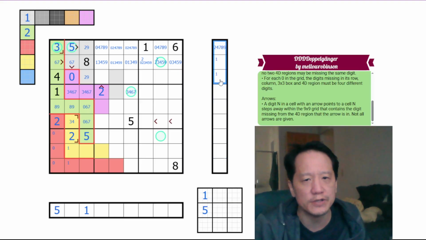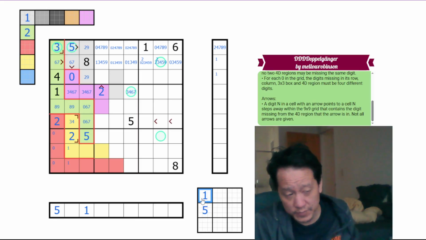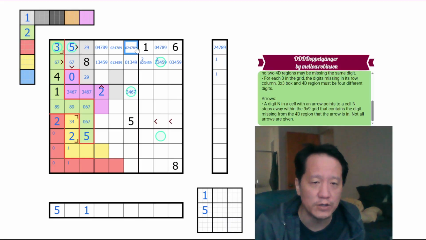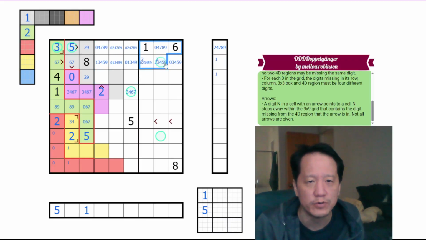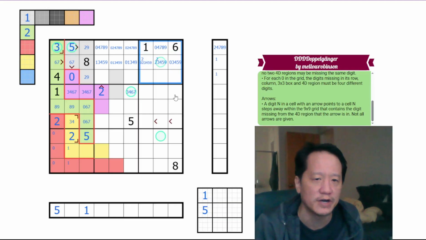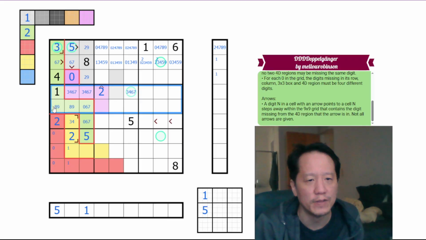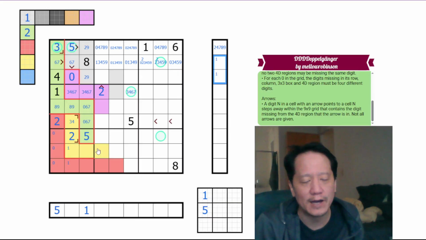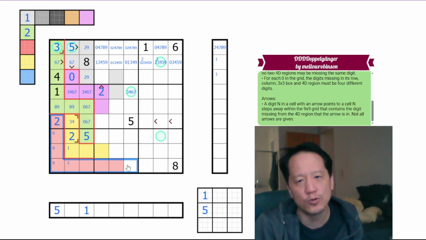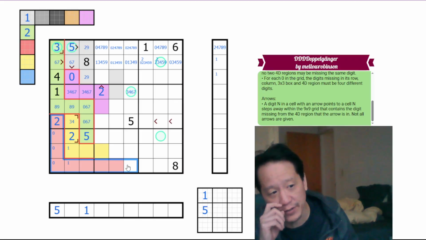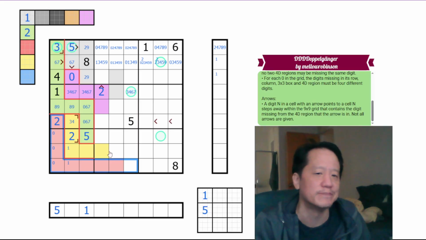The only reason we know the 1 is missing when we have a 1 missing in box 1 is that we only have 2 other ones available in rows 1 through 3. Because we're missing 1 in box 1, we only have 1 for box 2, we only have 1 for box 3, and no other box can give that 1 that we need to avoid the 1 being missing in those rows. However, because the 4D regions don't have to abide by that, we can actually have 2 be anywhere.